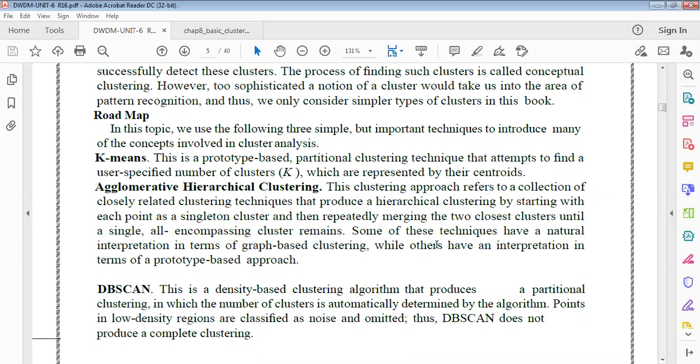Some of these techniques have a natural interpretation in terms of graph-based clustering, while others have an interpretation in terms of a prototype-based approach. This is agglomerative hierarchical clustering.